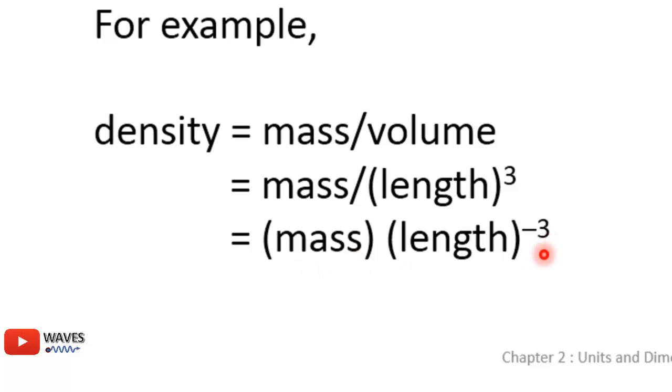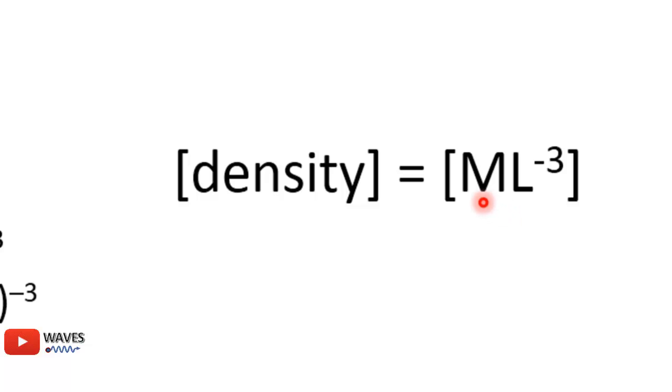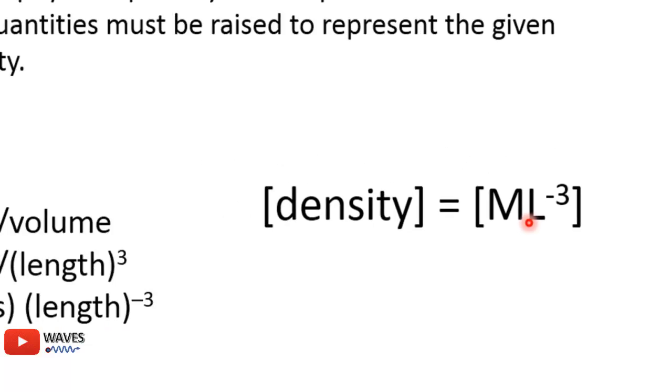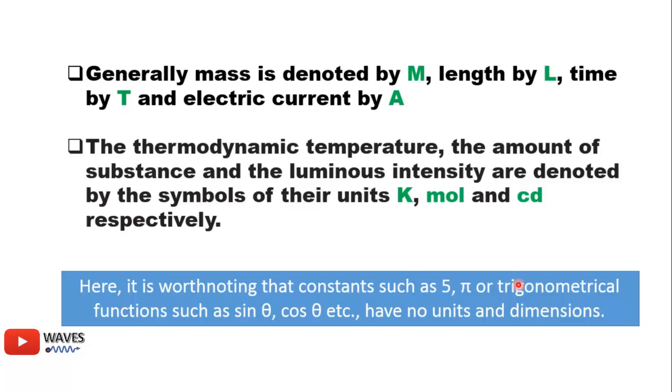We can represent mass as capital M, length as capital L, and then the dimension of density is M L to the power minus 3. Please take note that dimensions are always represented within square brackets, and you can't use any comma. Please take care of that, else you might lose marks.